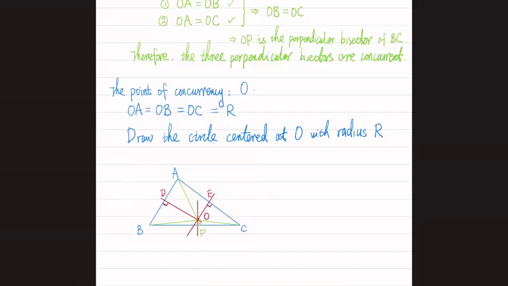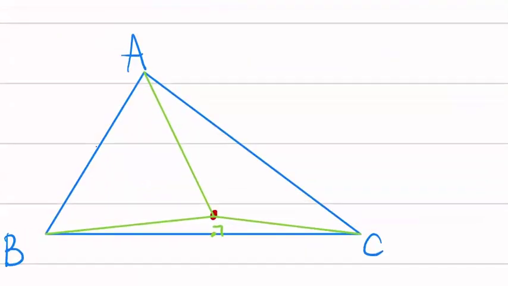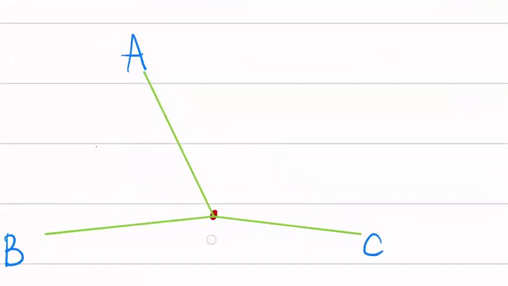Okay, so at this stage, we don't need the perpendicular bisectors. I'm going to erase them because there are too many lines, kind of distracting.